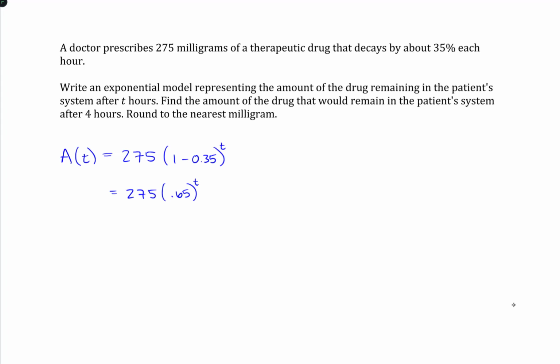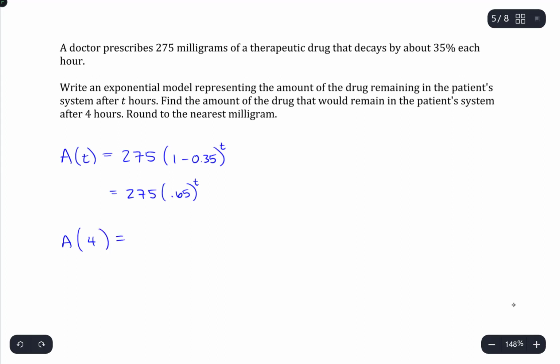So the amount left over after 4 hours is 275 times 0.65 to the 4th power.